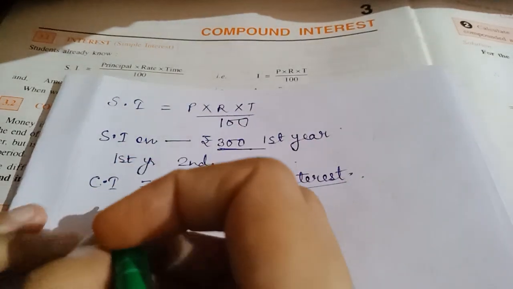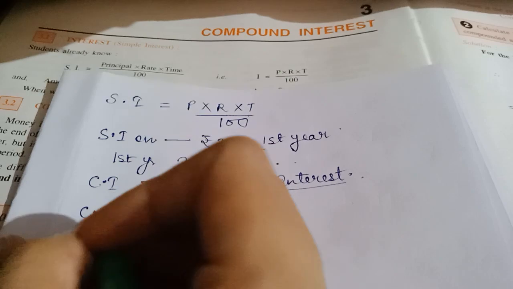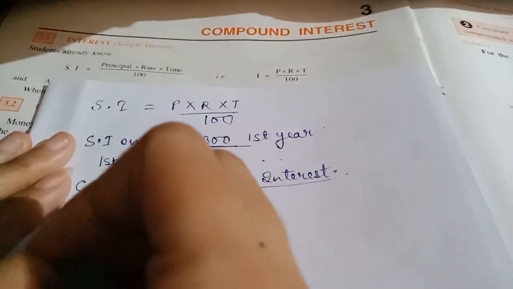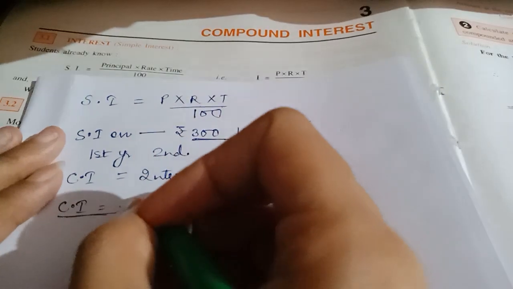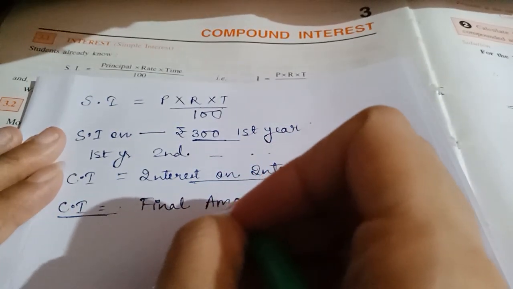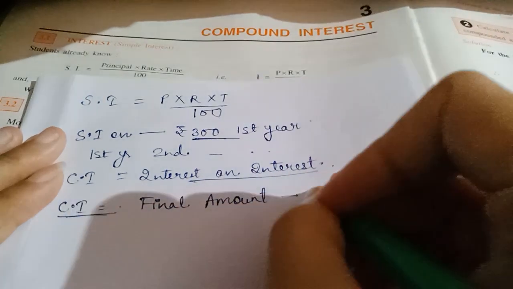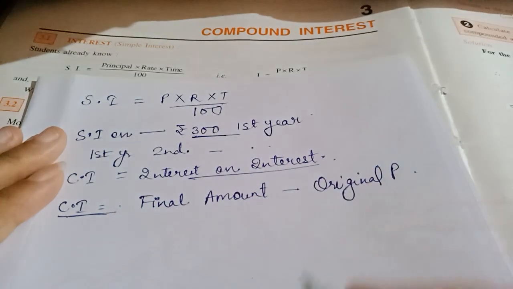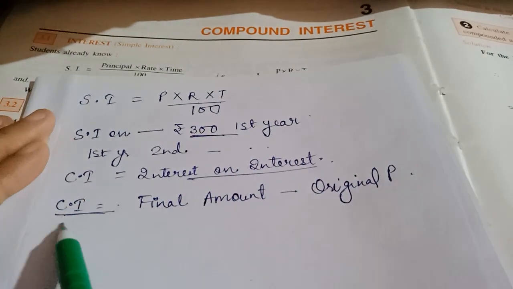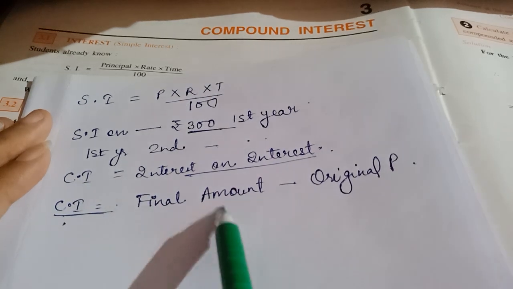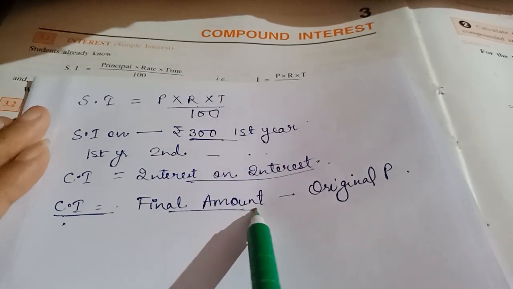In case of CI, the formula for CI is final amount minus original principal. Now, how do you calculate the final amount?